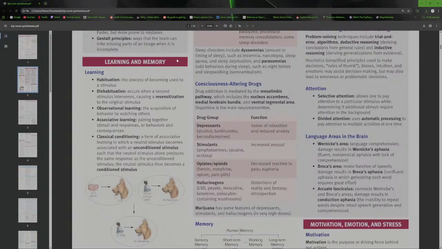That's the example of habituation. And then dishabituation is when something interrupts the stimulus, making you realize that it's there again, which is usually caused by resensitization to the original stimulus. So for example, it stops beeping for hours and then it comes back, you'll definitely notice that again. And then you'll have to go through the whole habituation process again.